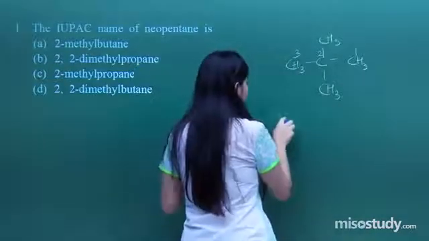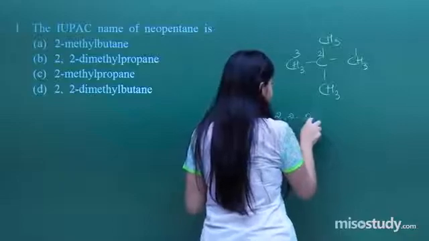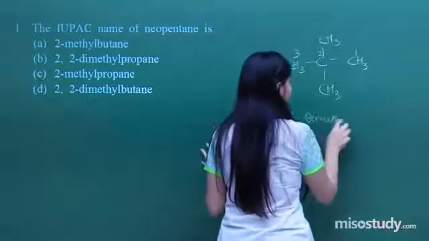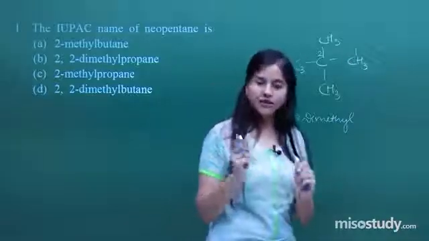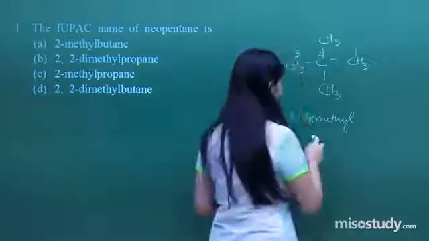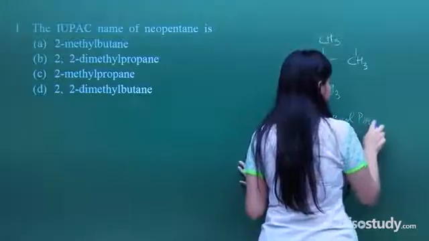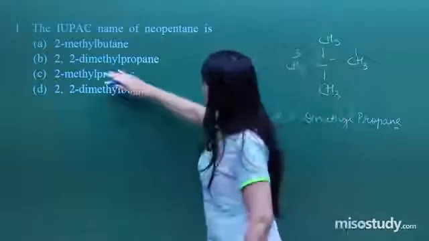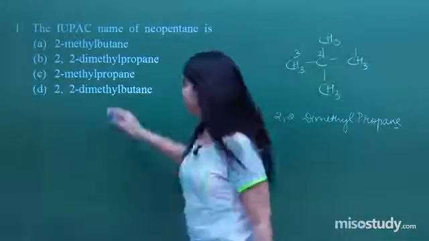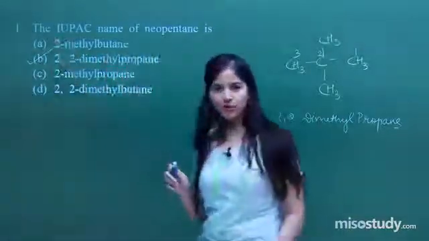So 2, 2-dimethyl, and we have got a chain of a word root of 3 carbons, that is propane. So 2, 2-dimethylpropane is the answer. Do we have a similar option? Yes, we have got it. So the answer is B over here.